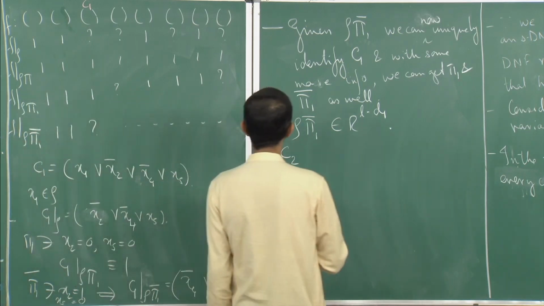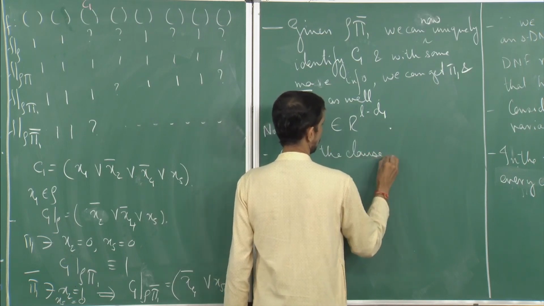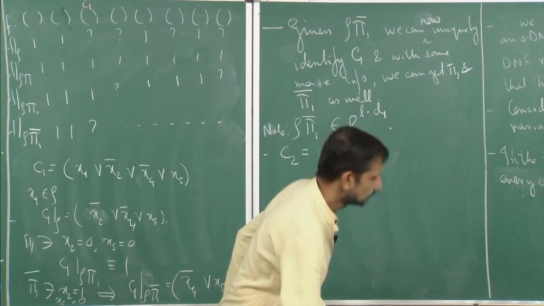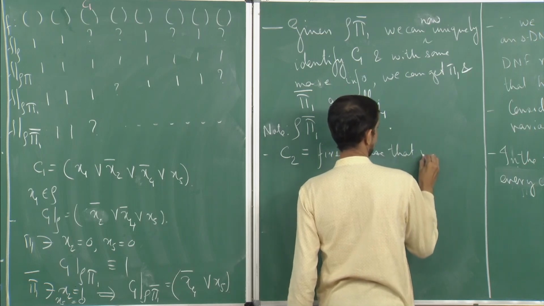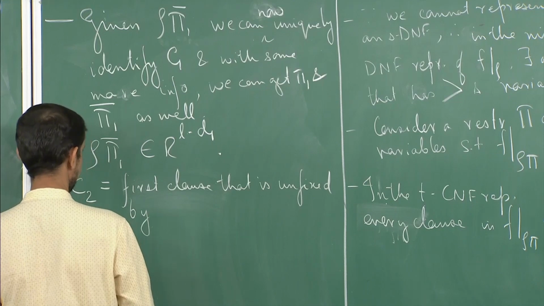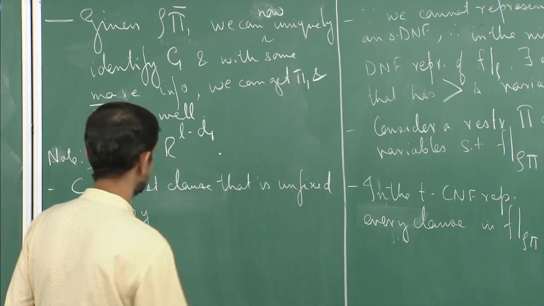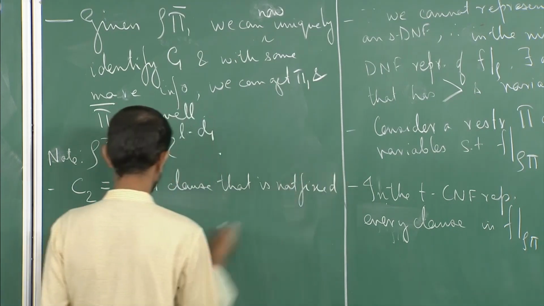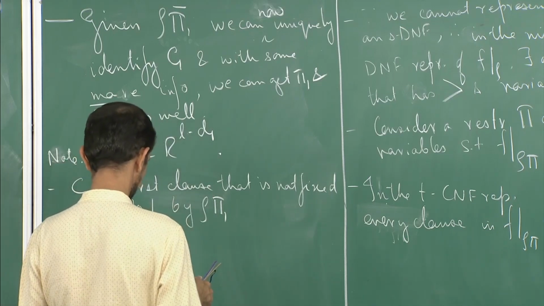So, C2 is defined to be the clause, or the first clause, that is not fixed to 1 by rho pi 1. Okay.